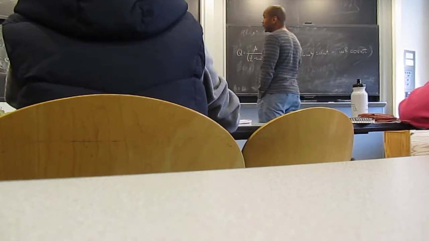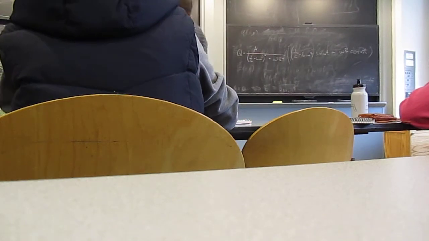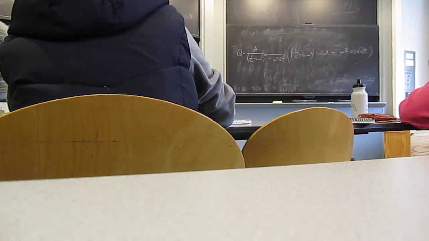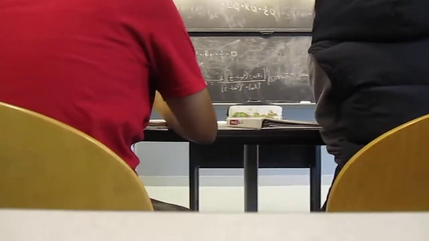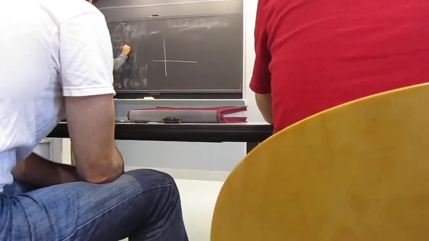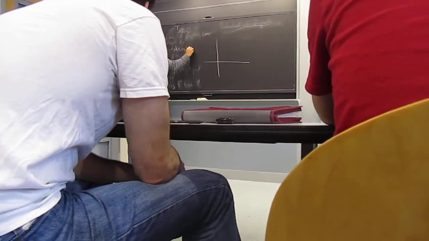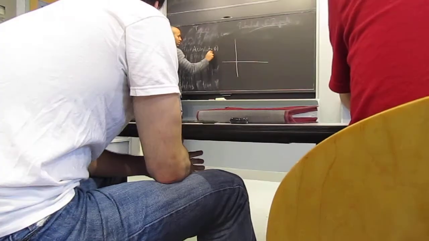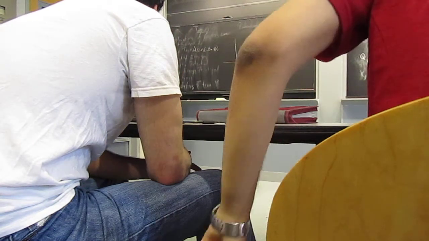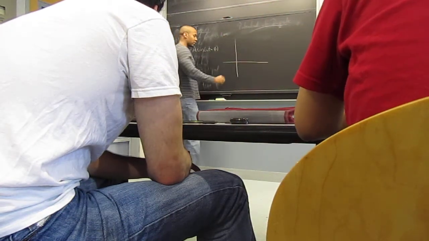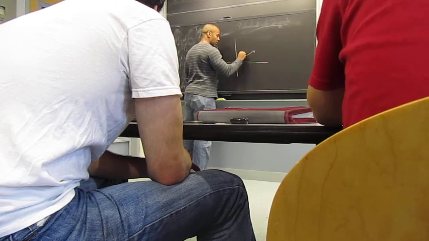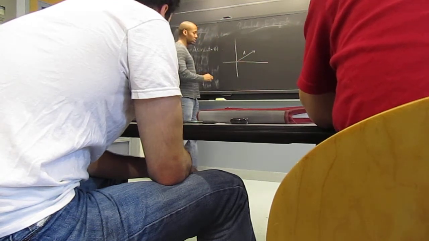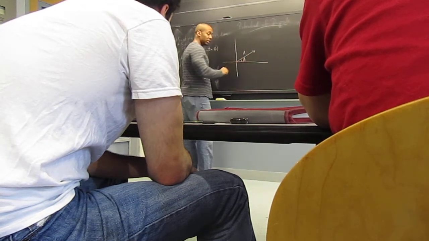A useful idea to deal with here, and we'll practice more on this, is what's called a phasor diagram. If you have something of the form A sine omega t plus phi, then we can represent it with a vector that has magnitude A and angle phi.